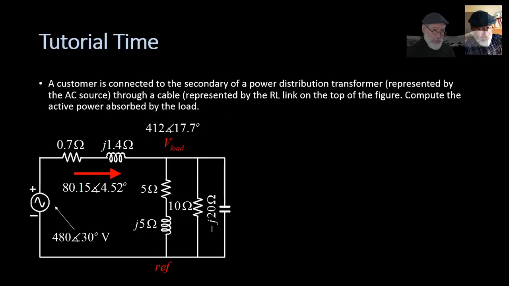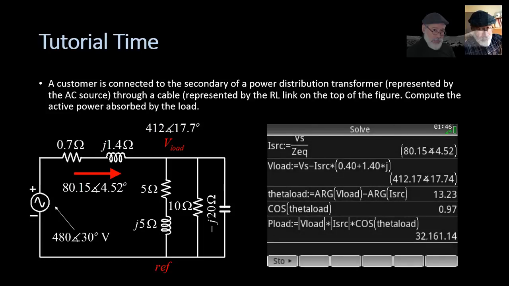Finally, compute what is the active power absorbed by the load. Active power. That would be Vrms at the load, 412, multiplied by the RMS amps at the load, that is 80.15, multiplied by the cosine of theta. We just computed that, right? So the P of the load is the absolute value of V load. Hey, wait a second, wasn't the absolute value the peak value?